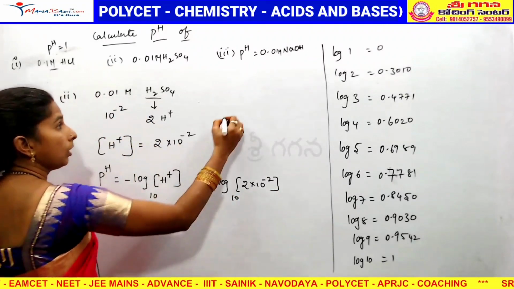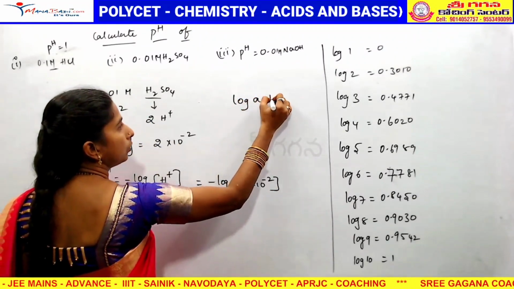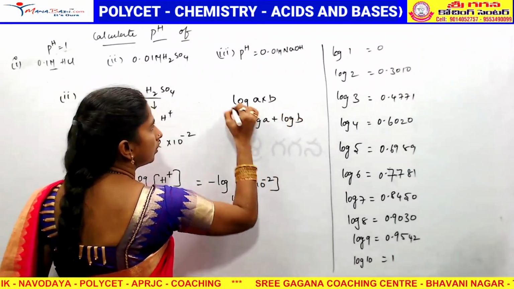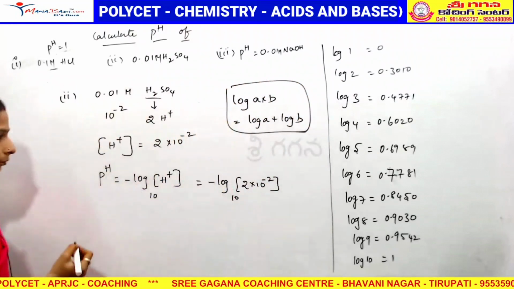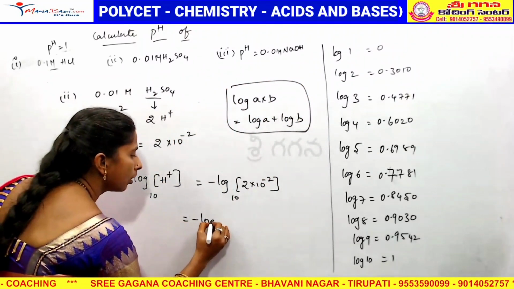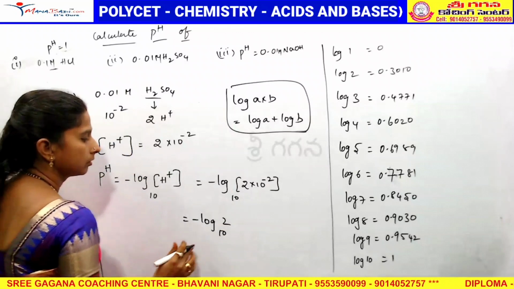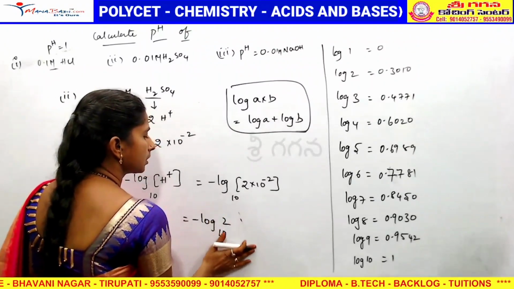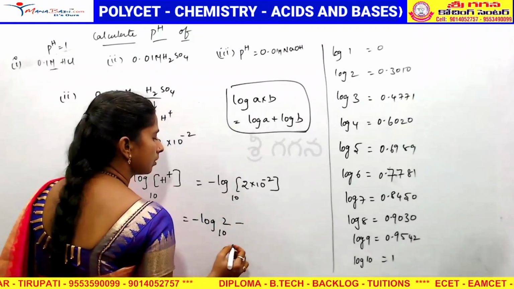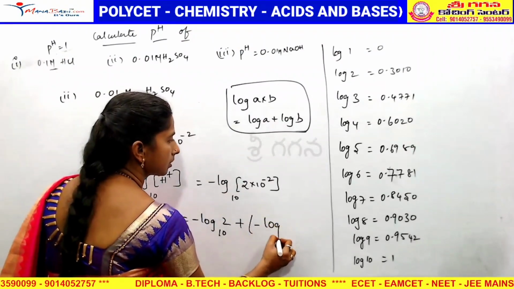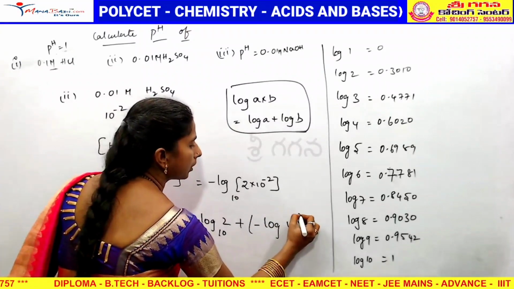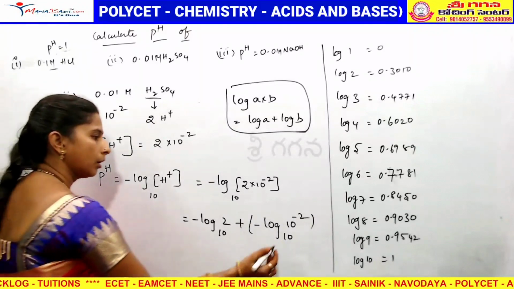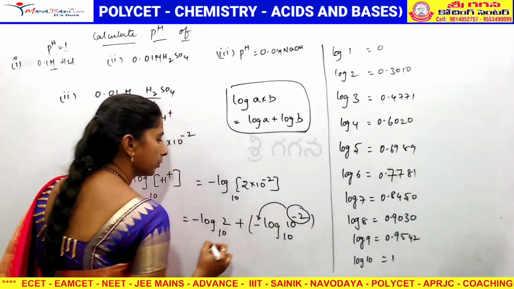We have one formula: log of A into B is equal to log A plus log B. By using this formula, minus log 2 base 10, plus minus log 10 power minus 2 base 10. Now this minus 2 comes to the front.